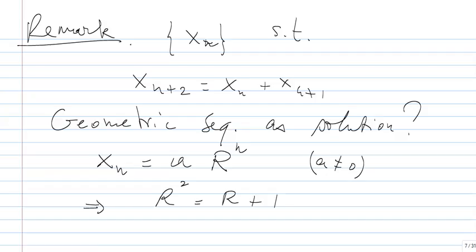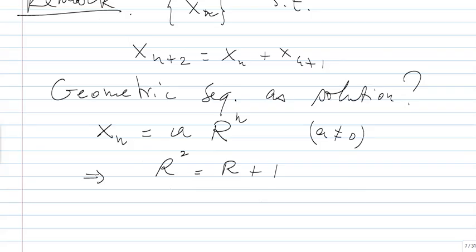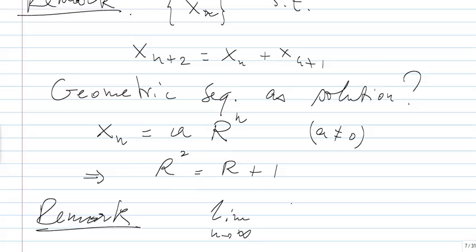In other words, just quickly, another remark: if you take the limit when n goes to infinity of f_{n+1} over f_n, it is easy to show that it is equal to the largest of the two, 1 plus square root of 5 over 2. It's really beautiful.